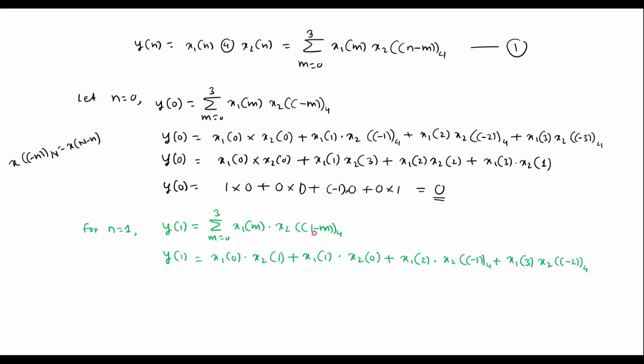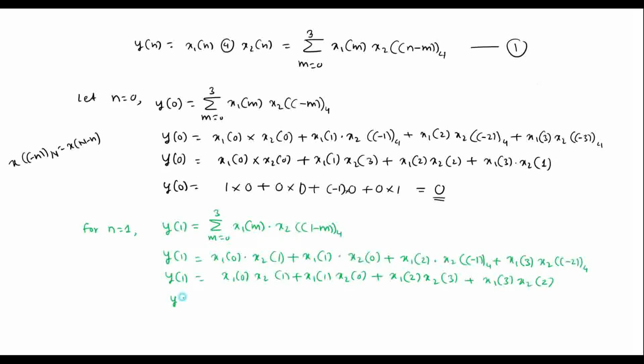So here whenever we get a minus value, we are supposed to write it as 4 with double bracket. When we get a positive value, we are supposed to write it directly. So here I can simplify further, x1 of 0, x2 of 1 plus x1 of 1, this is x2 of 0, plus x1 of 2, this is x2 of 4 minus 1, that is x2 of 3, plus x1 of 3, x2 of 2.